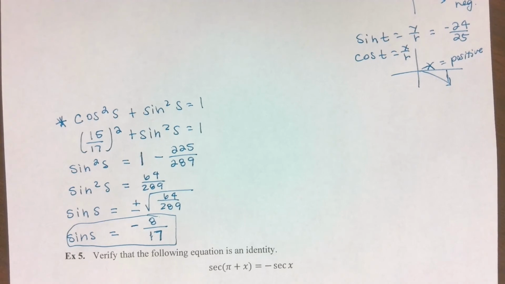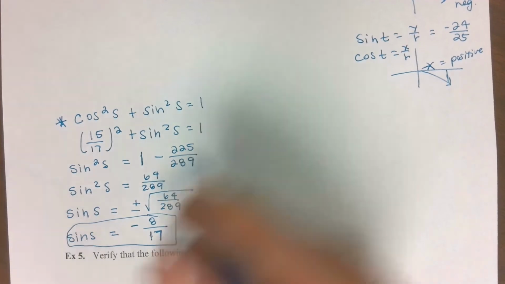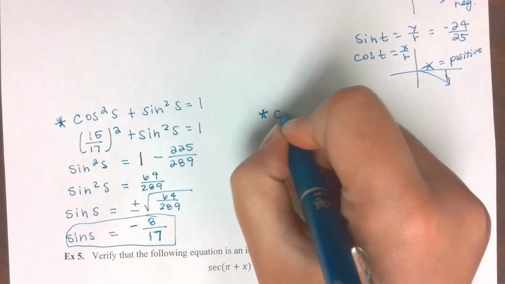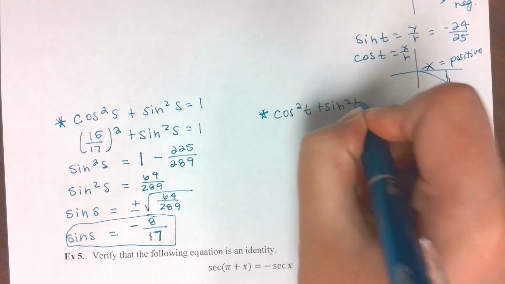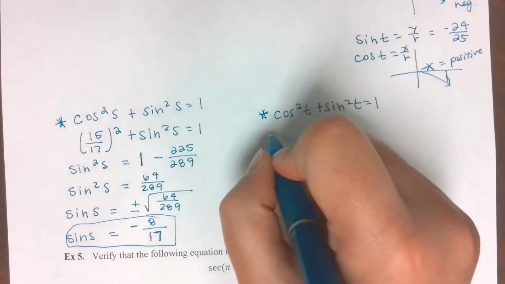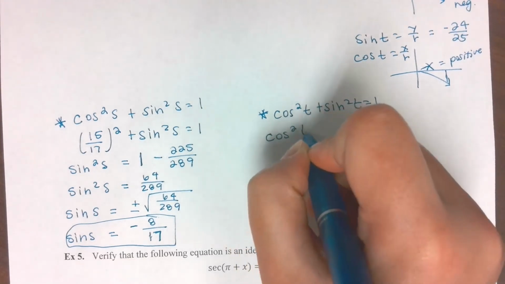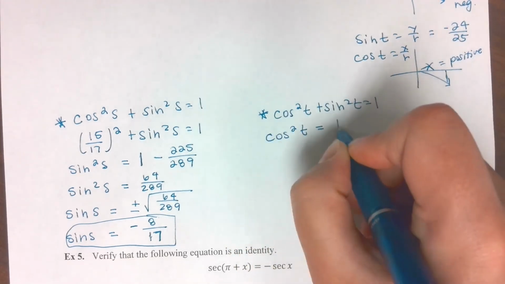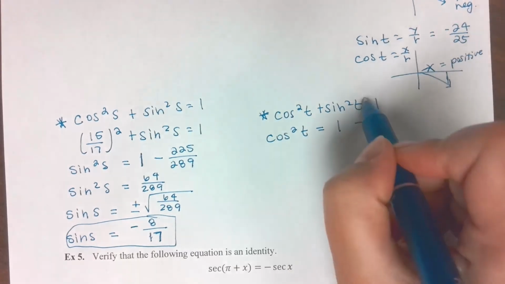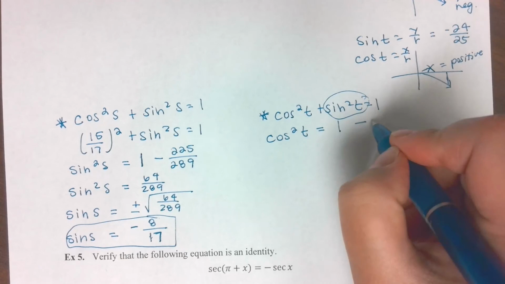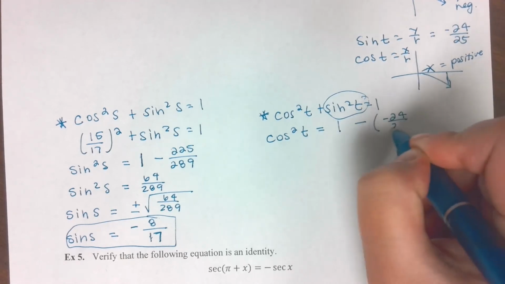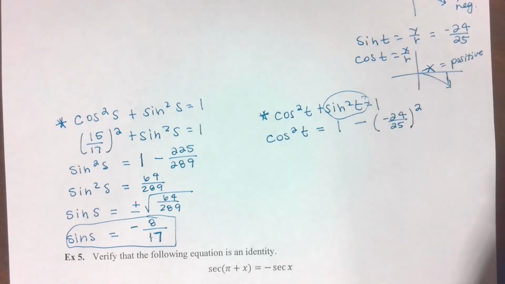We're going to do the same concept for cosine t. Cosine squared t plus sine squared t equals 1. That means cosine squared t is equal to 1 minus sine squared t. Sine of t is negative 24 over 25, and we want to square that.